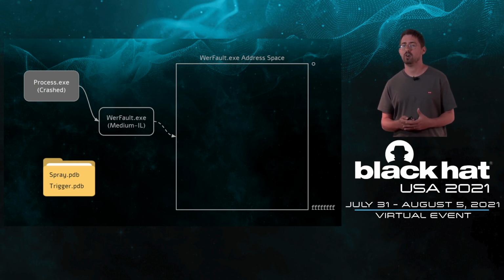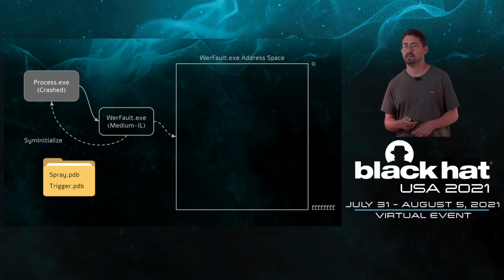And then it would call SymInitialize with a handle from my own crashing process at low integrity. And I would set it up in such a way that it would first load spray.pdb and then would load trigger.pdb. And I can control that because the PDBs are loaded by the order in the PEB LDR loaded modules list.